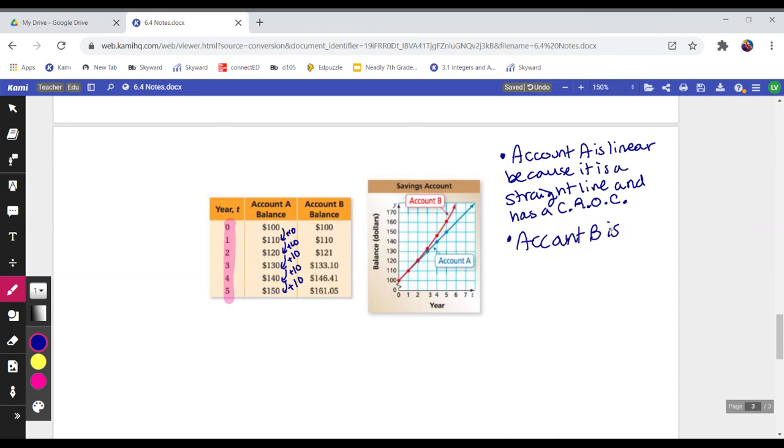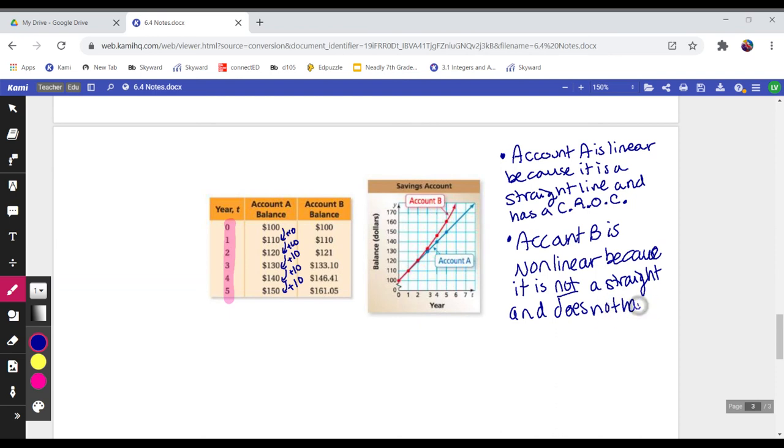Account B is nonlinear because it is not a straight line and does not have a constant rate of change.